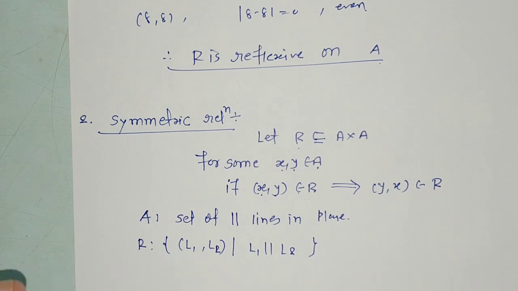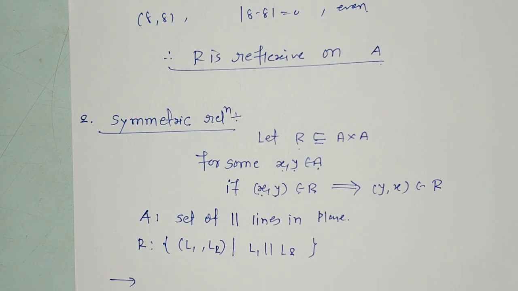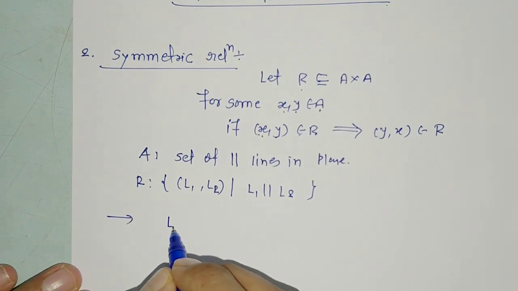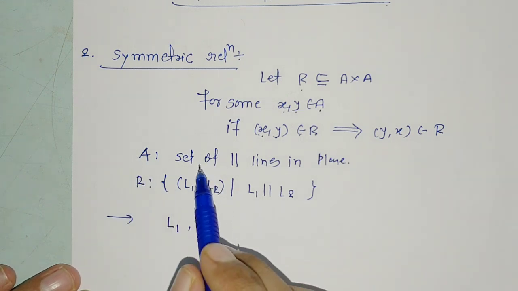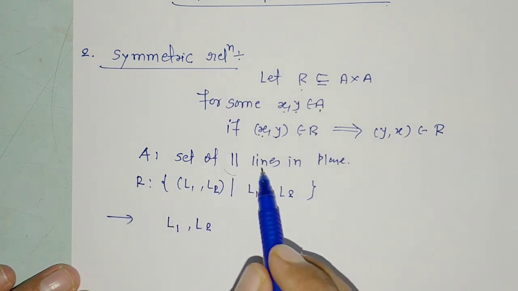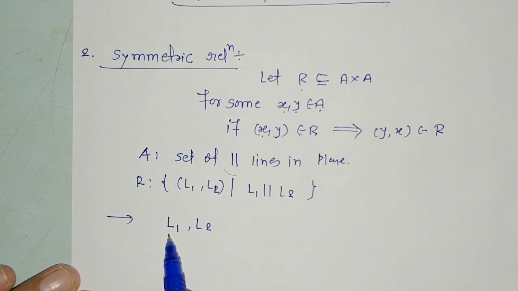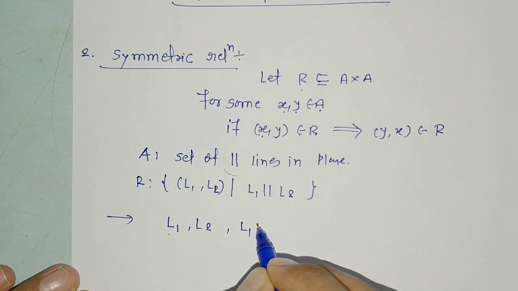This is the relation defined on A. Now observe that if I take L1 and L2 as any lines from the set of all parallel lines in a plane, it means L1 and L2 are parallel. It means L1 is parallel to L2.